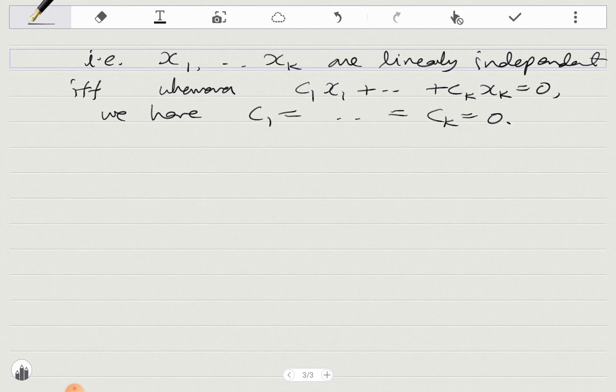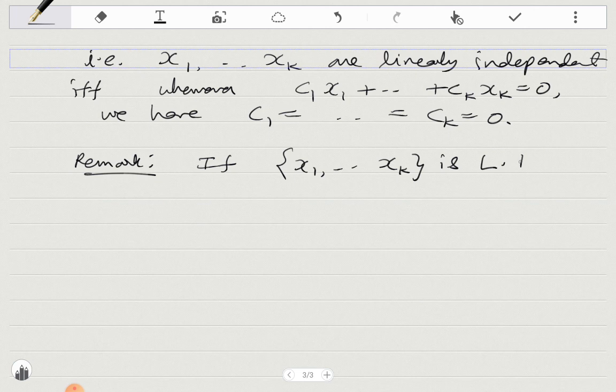And one immediate thing one can observe, I'll just add it as a remark: if the set of vectors x1, x2, up to xk is linearly independent, and I'll abbreviate linear independence by just LI, then xi is not equal to 0 for all i.